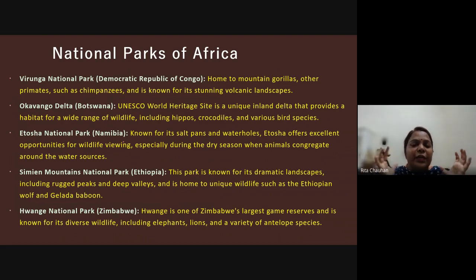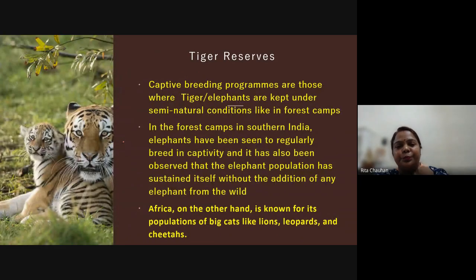So we need to conserve these national park areas so that we can conserve these natural species like the Ethiopian wolf, baboon. We cannot bring them into a cage and grow them. They have to be in in situ conservation. Then Hwange National Park is another area which is known for the elephants, lions, and antelope species.